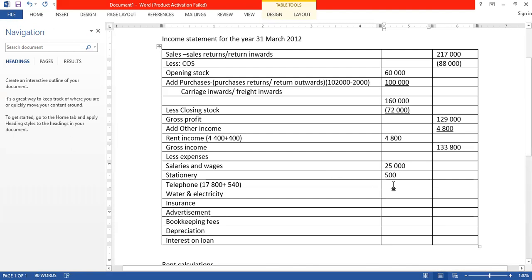So what is our total? That will be 18,340.